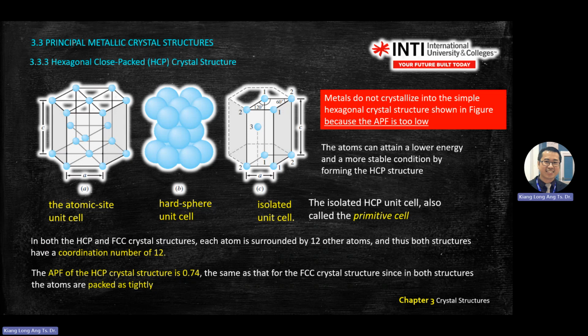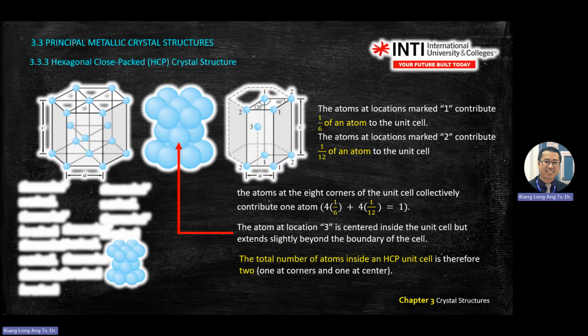Can you imagine? If you are the center, how many you contact? 8. 4 at the top, 4 at the bottom. It's like Chinese New Year has come already, you have lots of Mandarin oranges, you go and arrange lah. Then you can imagine, right?